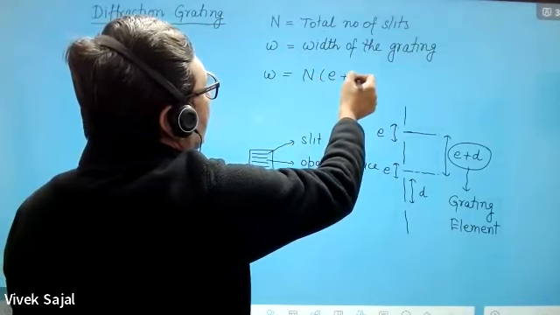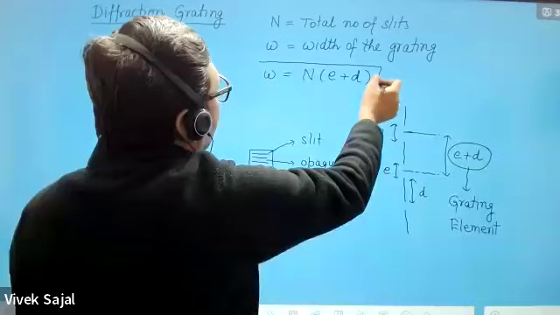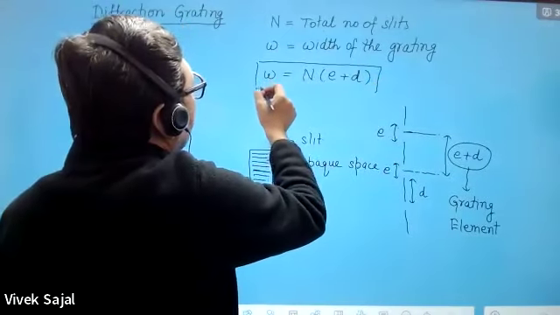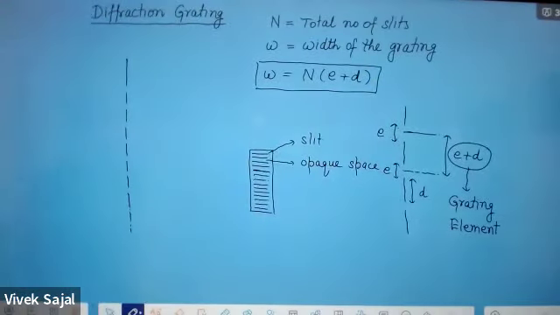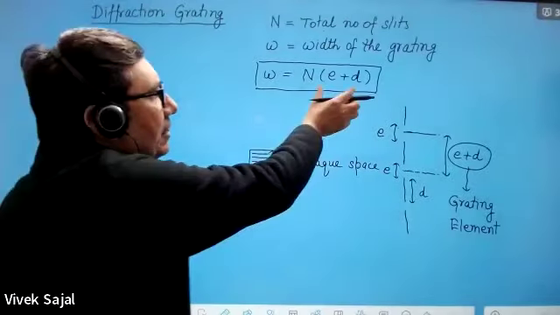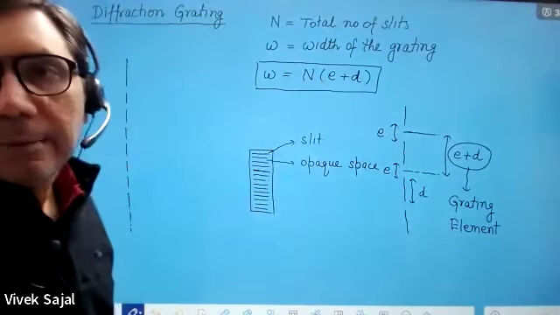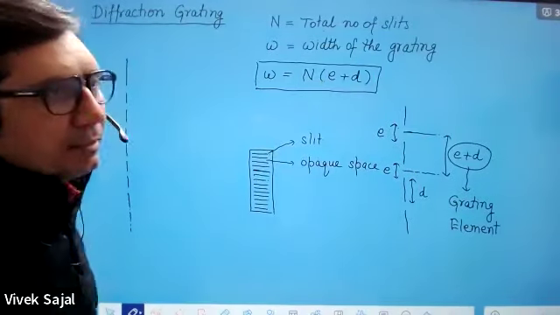So the width of the grating will be equal to N into (e plus d). N is the total number of slits, W is the width of the grating, and e plus d is the grating element, the separation between two successive slits. So this is the first important thing.